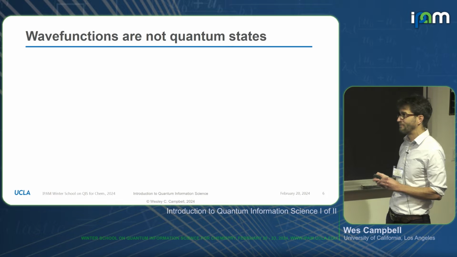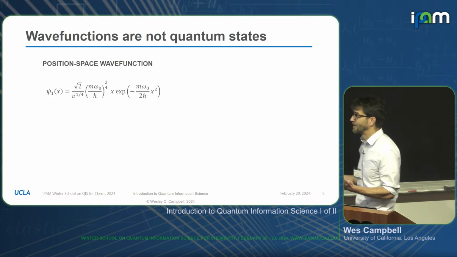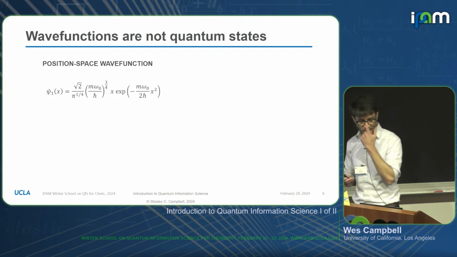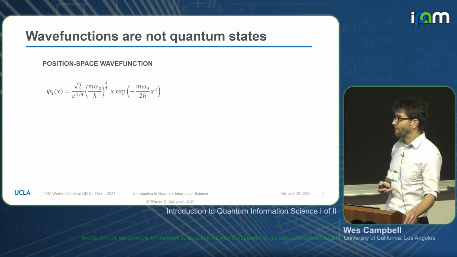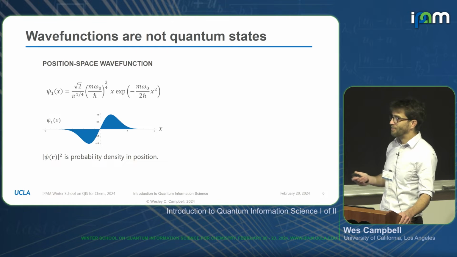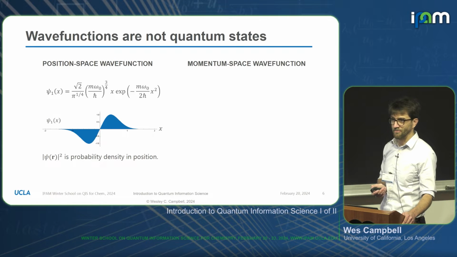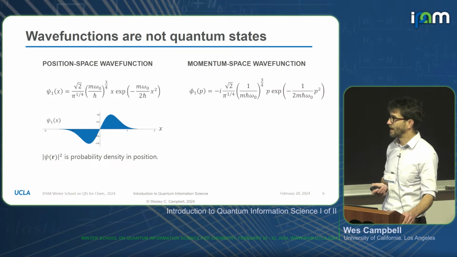So if you're used to thinking of the wave function as being the quantum state, you need to understand that that's not really true. And one of the ways to see that is to look at, for instance, our position space wave function, which we met earlier, and we figured out how to do the probability distribution. But I could also write a momentum space wave function for the same quantum state, okay?